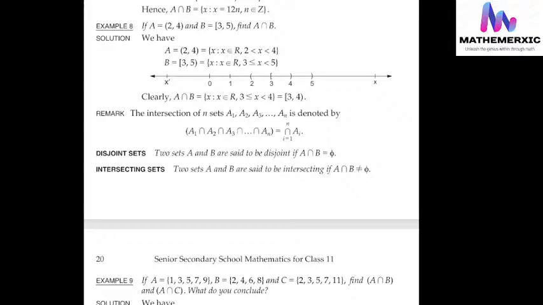So what we can say here is that A is equal to (2, 4), x is such that x belongs to real numbers. Now, what is the intersection in this case? Intersection-wise, it is different, looks like. Why is it done like this?